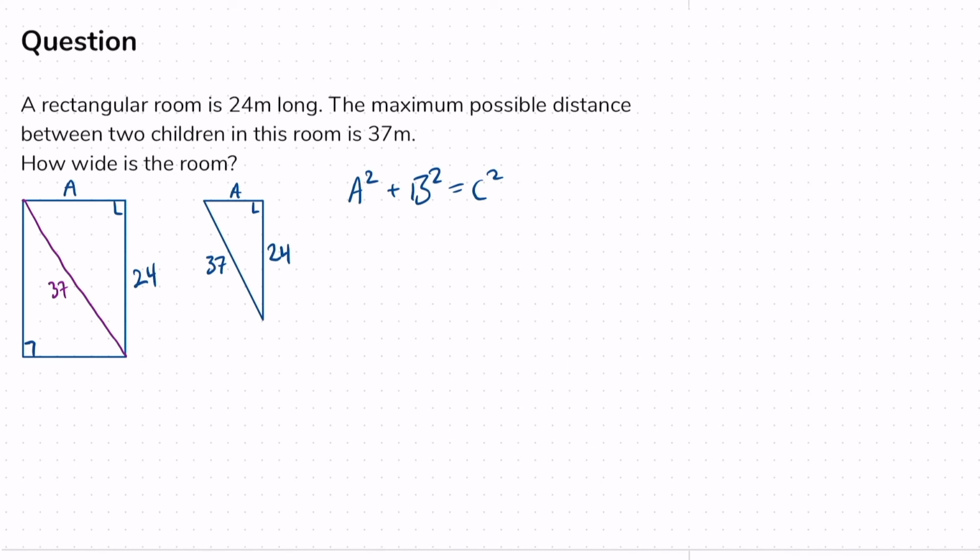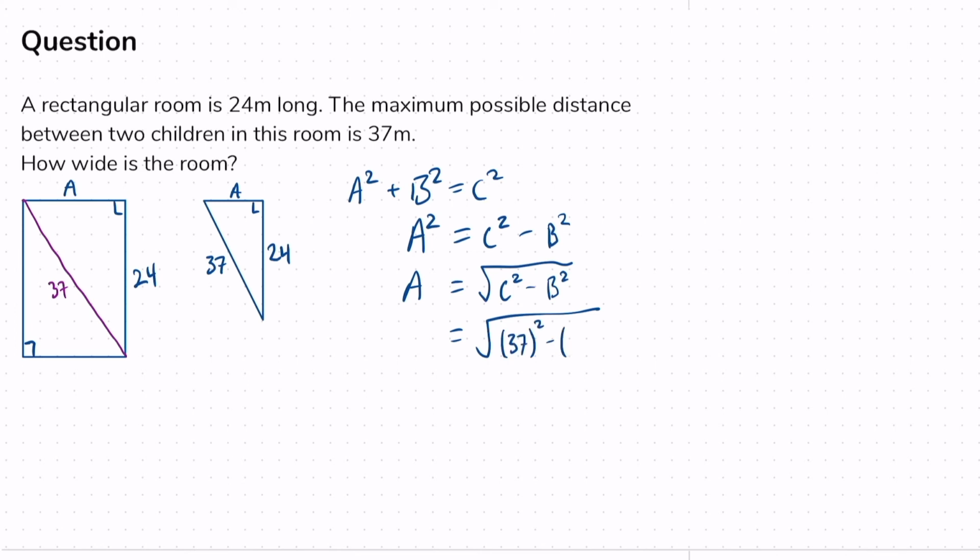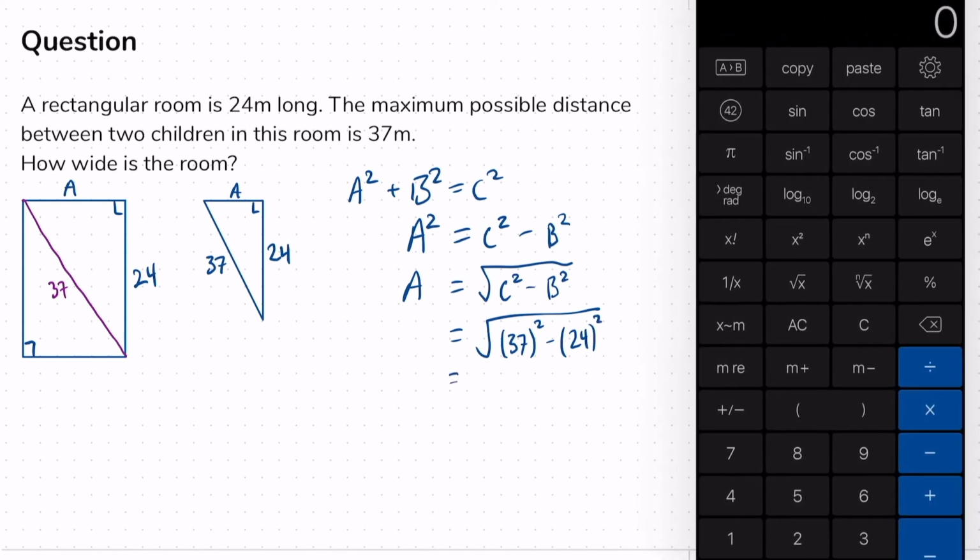Now I'm going to rearrange it because I want A to be the subject. So I subtract b squared from both sides, and then I square root both sides. So let's substitute in some values. C is equal to 37. B is equal to 24. Now I need to get my calculator out.